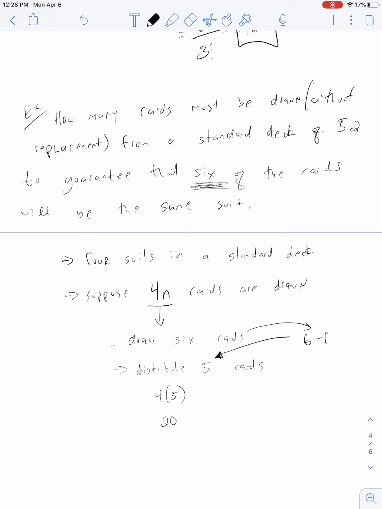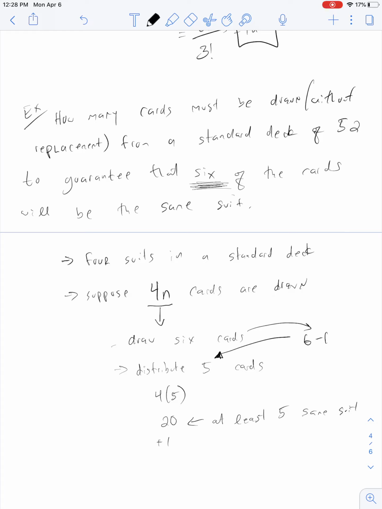So right now you've passed 20 cards. You have the potential of seeing all of them to be the same suit, or at least. This means that you have at least now 5 with that same suit.